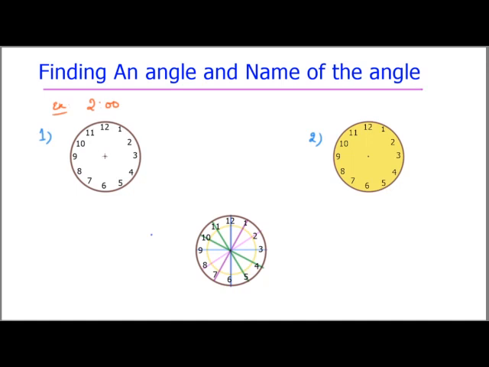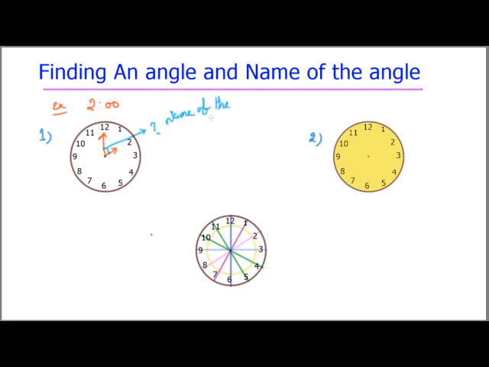Hour hand should point to 2 o'clock and the minute hand should point straight to 12. Now we have to find what angle is formed with these two clock hands, and the name of the angle.